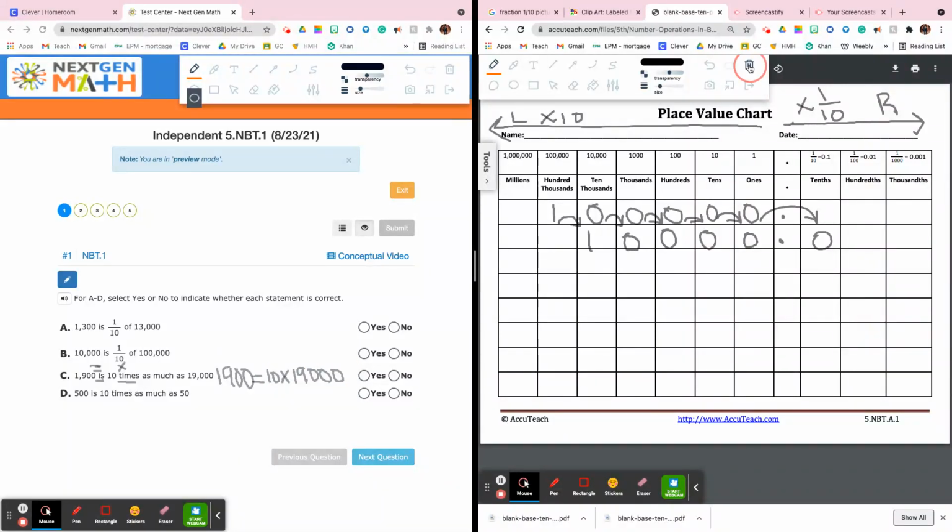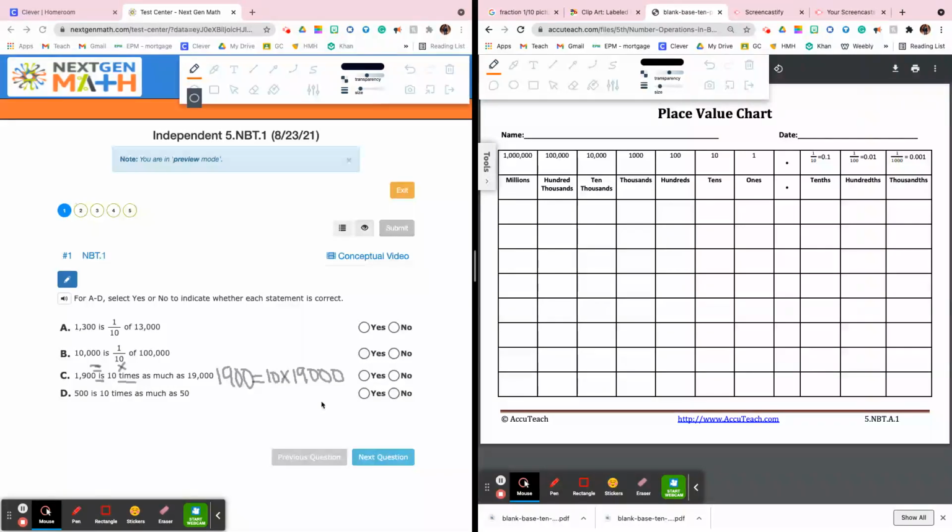All right, the first thing I'm going to do is put my number on the place value chart. So I want to look at the 19,000. I'm not going to put the number 1,900 on my place value chart. I'm going to put the 19,000 because that's the number that we need to see.